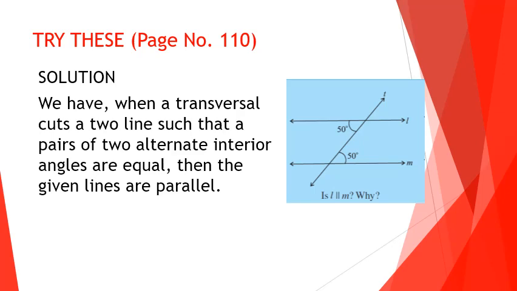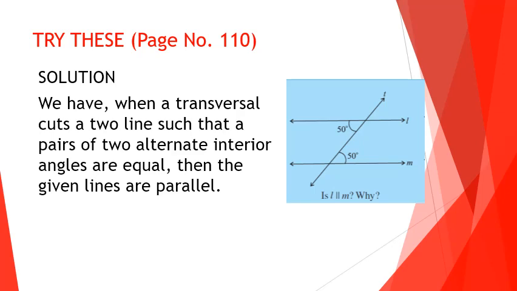So, two angles are formed. Look at the position of the angles. They are interior angles, and they lie on opposite sides of the transversal in alternate positions. Hence, the given angles are alternate interior angles, and they are equal in measure. That means here the alternate interior angles are equal.